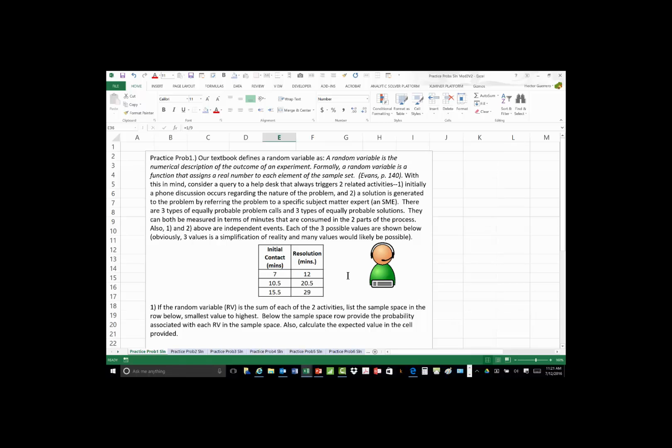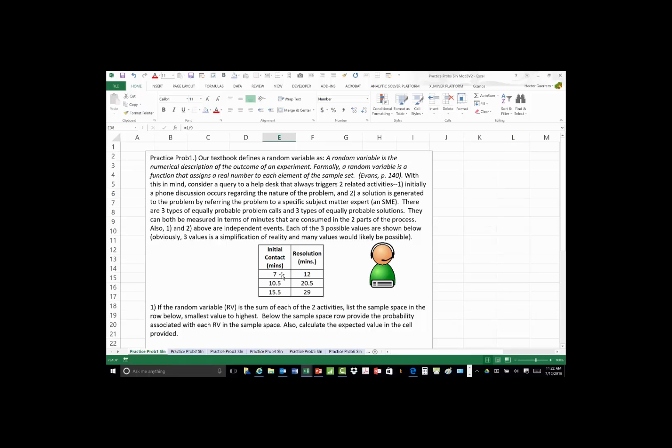So now we have to determine first the number of unique random variables. Since we have three different initial contacts and three resolution minutes, we're going to have 9 possible combinations. Now, some of those combinations may repeat. So you don't have 2 random variables there, you have 1 that's repeated.